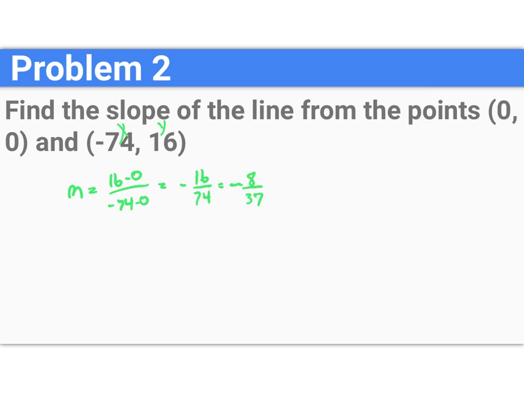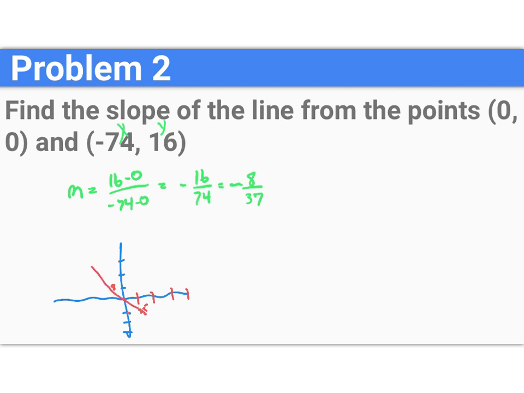And what you have to imagine when dealing with slope is think about a graph. So imagine each line is 8 on x, and on y each line is 35. So we're going down 8. So if this line went through 0, 0, we would go down 8 and over 37.